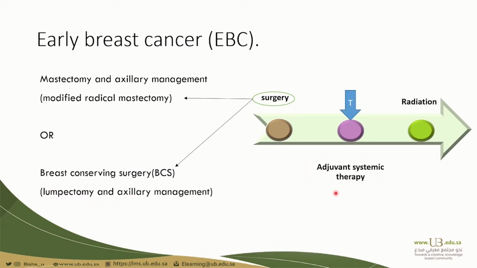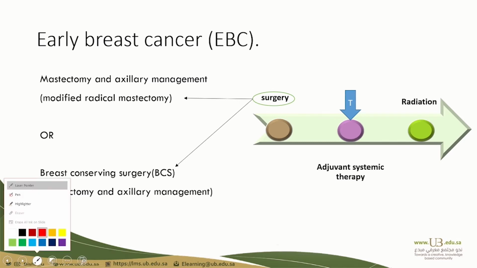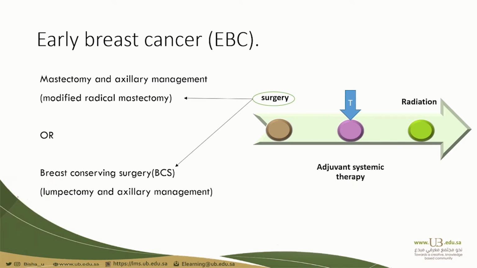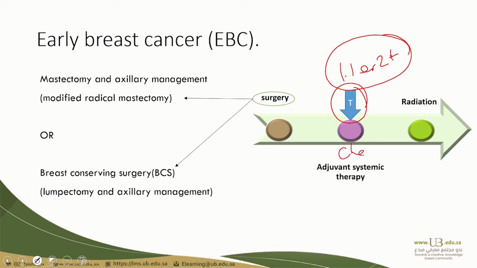And the adjuvant systemic therapy consists of chemotherapy, and trastuzumab is indicated in patients with HER2 positive disease, which is basoluminal, and we will introduce the trastuzumab with the chemotherapy.